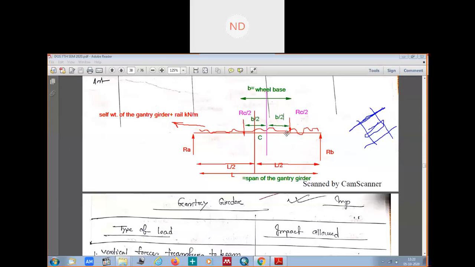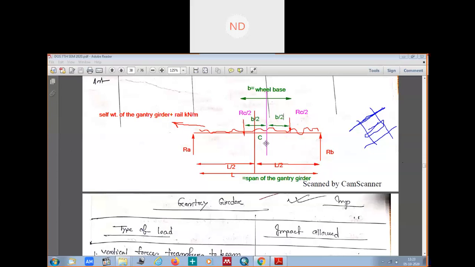Now, where is your maximum bending moment? You have to place the wheelbase of this crane girder in such a way that the maximum bending moment occurs when the distance from the center of the gantry girder to the nearest wheel, and the distance from the center of the gantry girder to the center of your wheelbase, are equal.